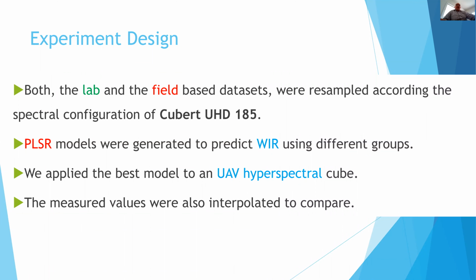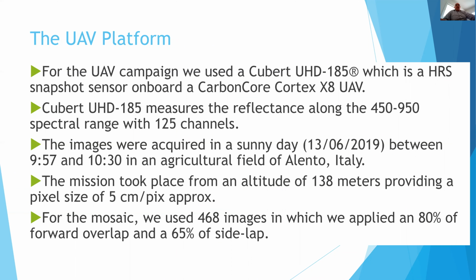Then we applied it on the Cubert sensor that was flown over the Alento, Italy area. We tried to map the area for the water penetration rate, and we did some validation tests.